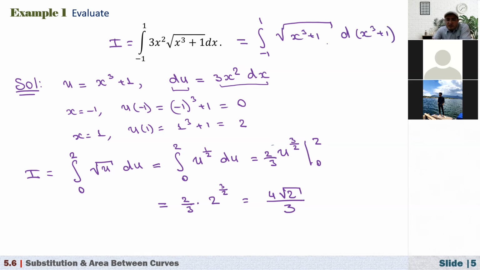Just consider this x cubed plus 1 a u in your mind. Then evaluate this, so you don't have to change the integration limits. But usually changing the integration limits and using this new variable is more practical.